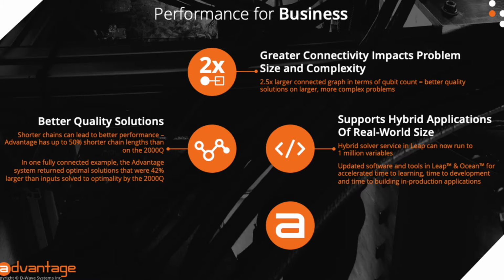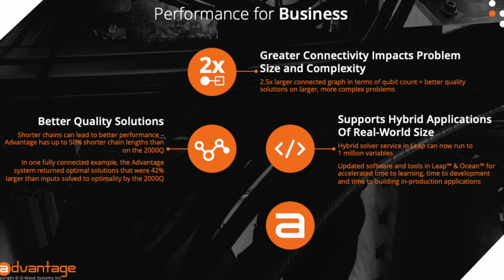And here's a few more details of how we brought this together. As you know, and we talked in the last presentation, the longer chains don't perform as well. And so Advantage has up to 50% shorter chains. We'll see that coming up. And we've just started doing some of the research to show this.